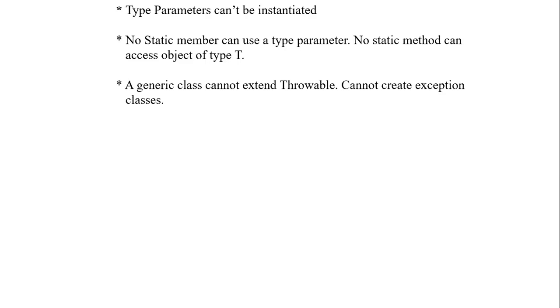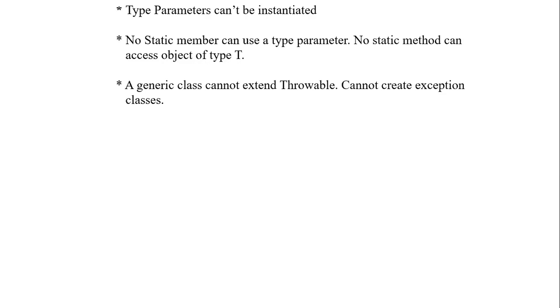The basic intention of going with generics is if you want to have a common type of data, in those situations you go with generics. If your class is extending some exception class, then you are making a user defined exception. When you are making a user defined exception, it will not allow you to go with the generics part.